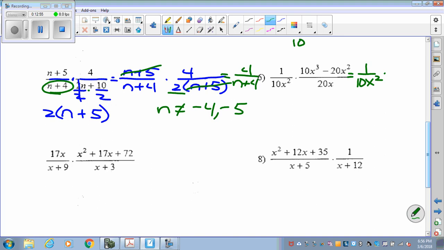If I write this up here, I have 10x cubed minus 20x squared, so they both have a factor of 10. And they both have x's, right? So 10 divided by 10 is 1, and then 3 minus 2 is 1. So the 10x squared comes out.